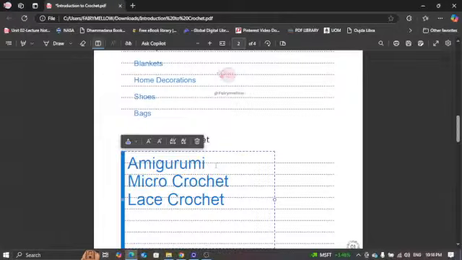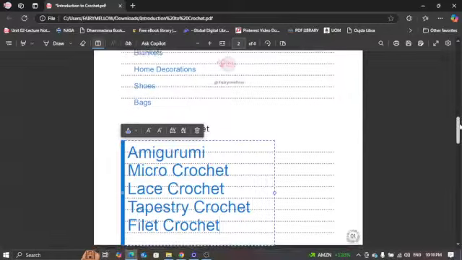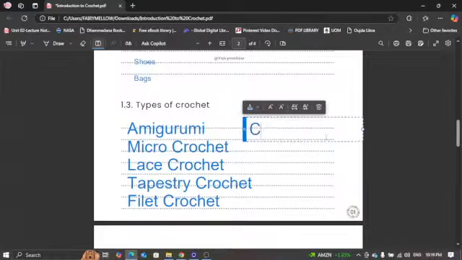Amigurumi, micro crochet, lace crochet, tapestry crochet, fillet crochet, corner to corner crochet.